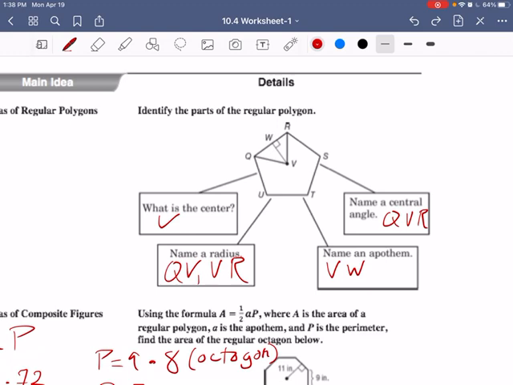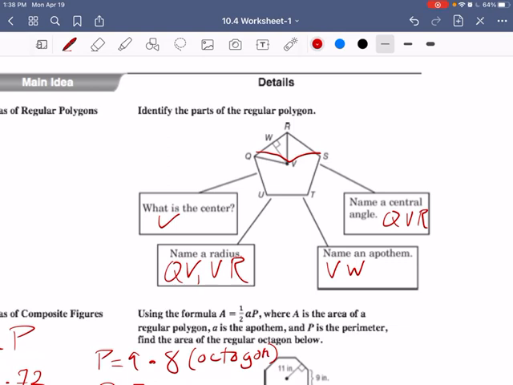Then if we're naming a central angle, that would be the angle that comes out of the center. It defines it kind of weirdly, with a lot of words on that last page. A central angle here wouldn't be QVS, even though it goes from the center.